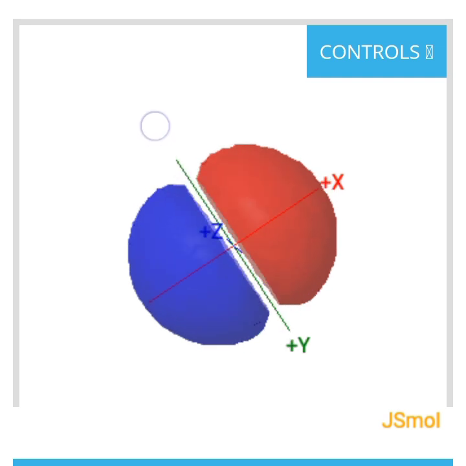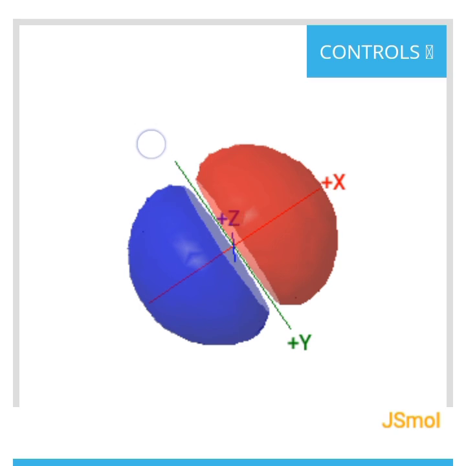In the p orbital you can see this vacant space where z is seen. This is called the node.